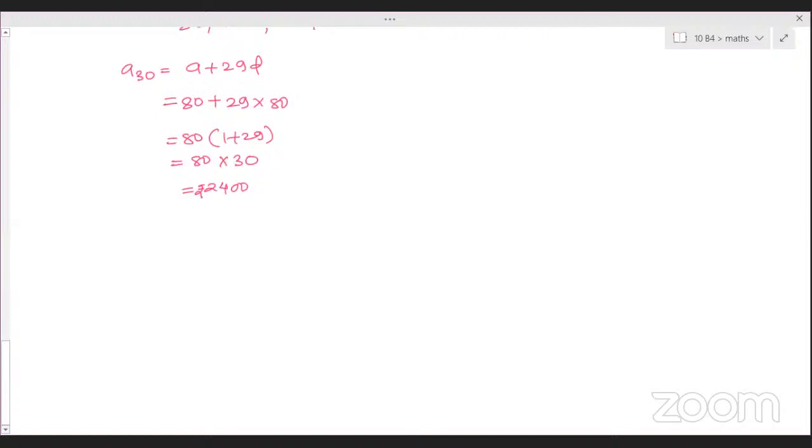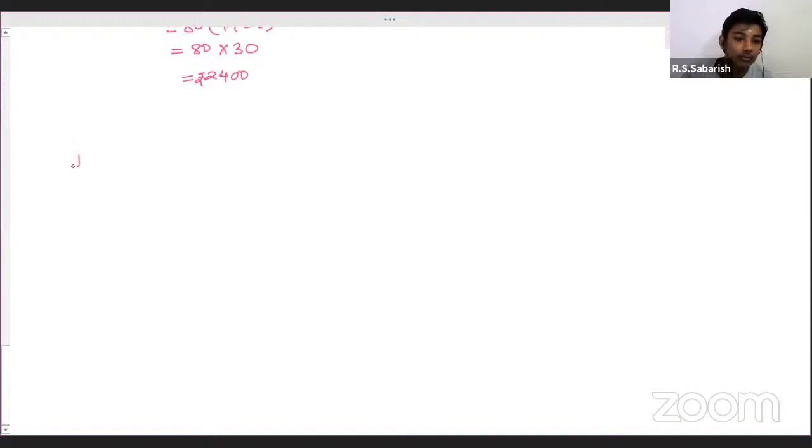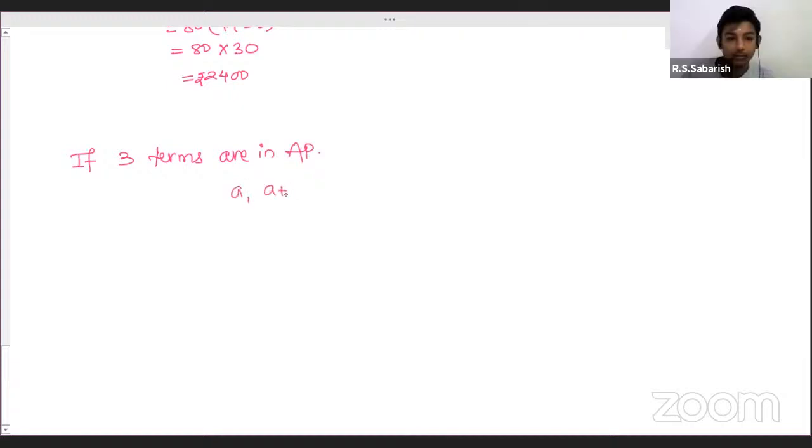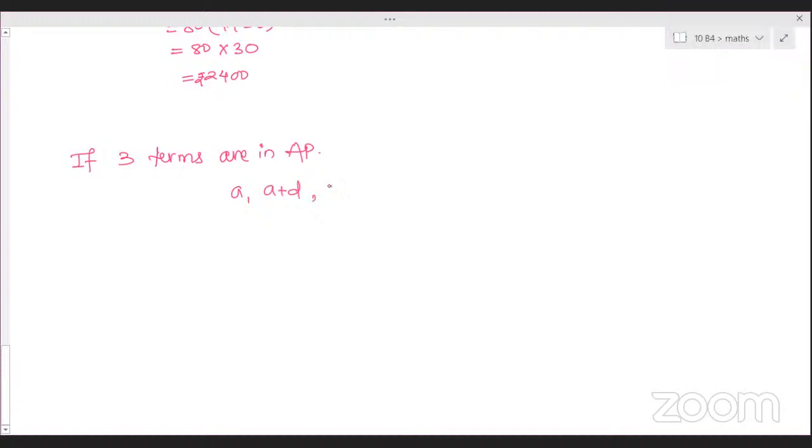For our simplicity, if 3 terms are in AP, then first term is A, second term is A plus D, and third term is A plus 2D, right?